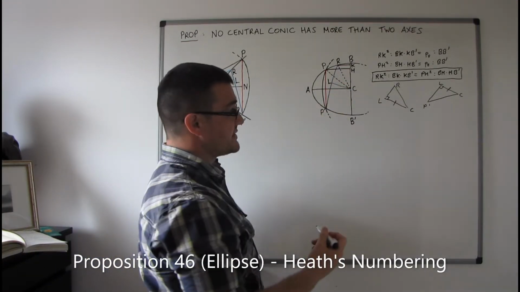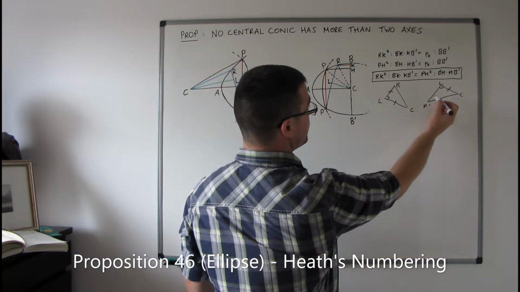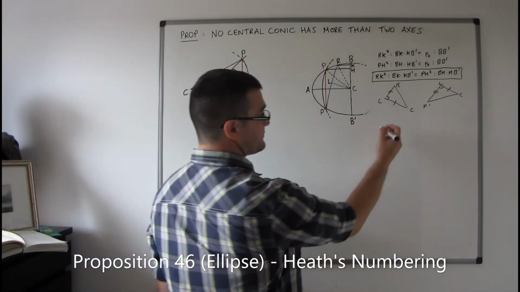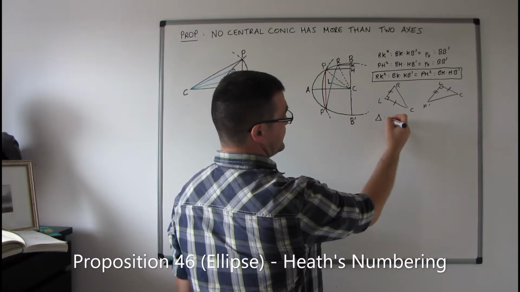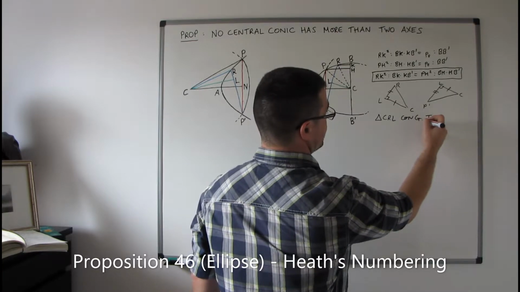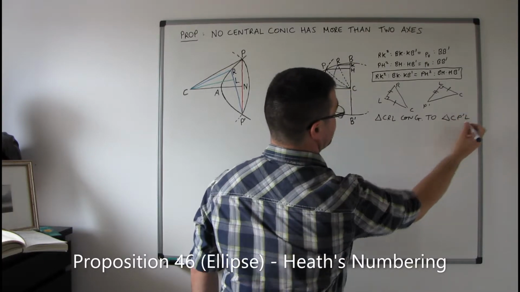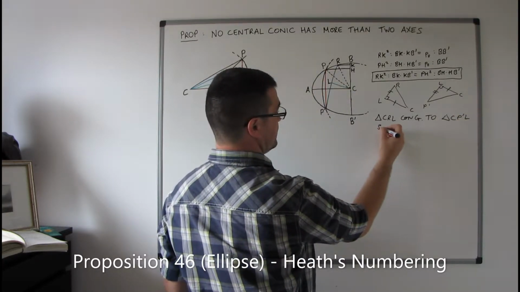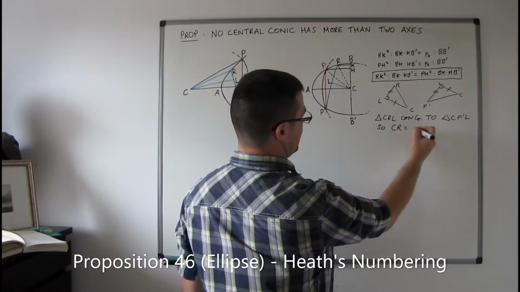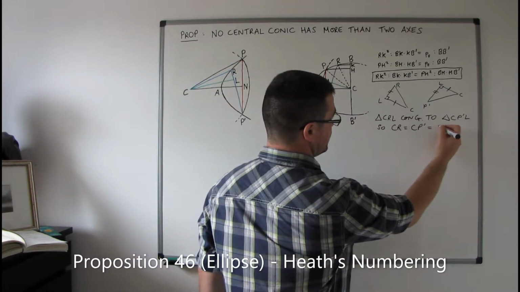Because P primed R is bisected at L, then LR is equal to P primed L. So using congruence criteria, we can say that triangle CRL is congruent to triangle CP primed L. So therefore, the length CR is equal to CP primed, which in turn is equal to CP.